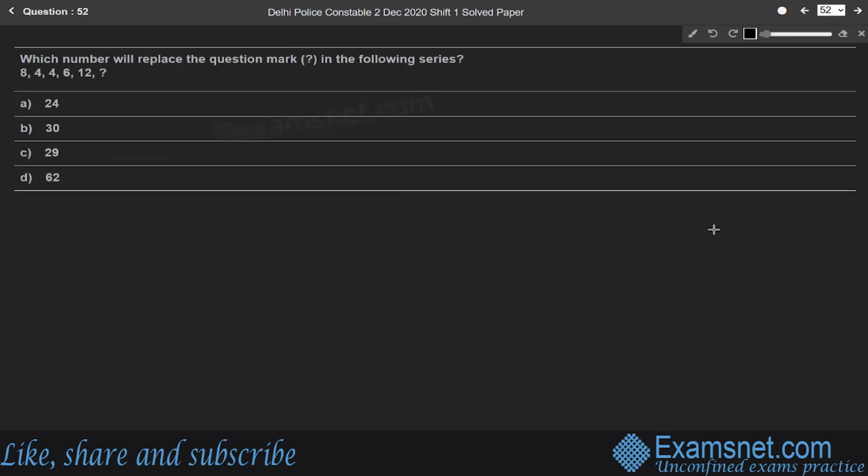Question 52. Which number will replace the question mark in the following series? The series is 8, 4, 4, 6, 12. We have to find the next number. Look at the first and second number, 8 and 4. The number 4 is obtained when 8 is multiplied by 0.5, right?